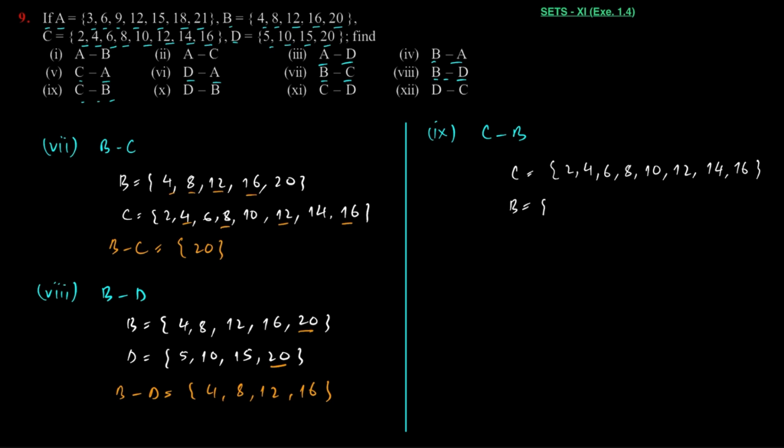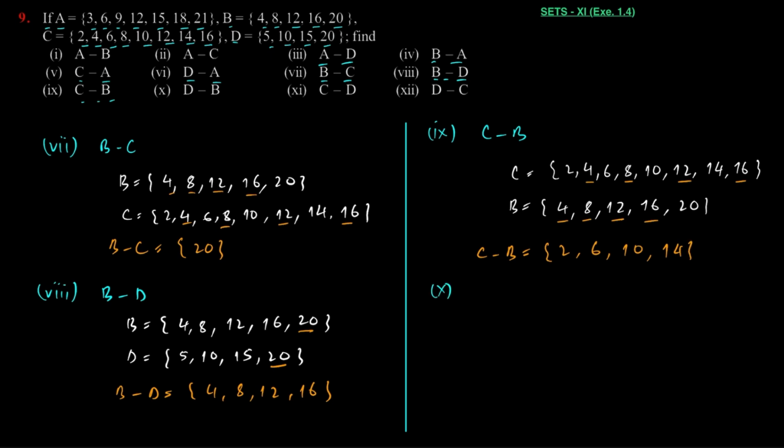And set B is having elements as 4, 8, 12, 16, and 20. Now what are the common elements? 4, 8, 12, and 16. So therefore C minus B set will be having elements 2, 6, 10, and 14.